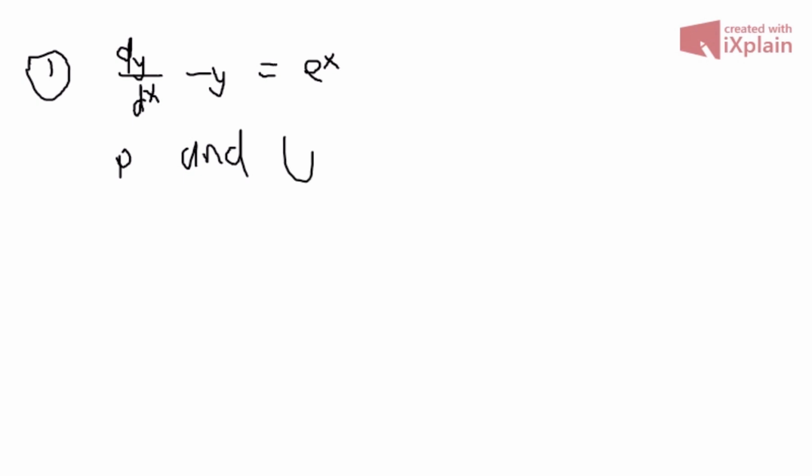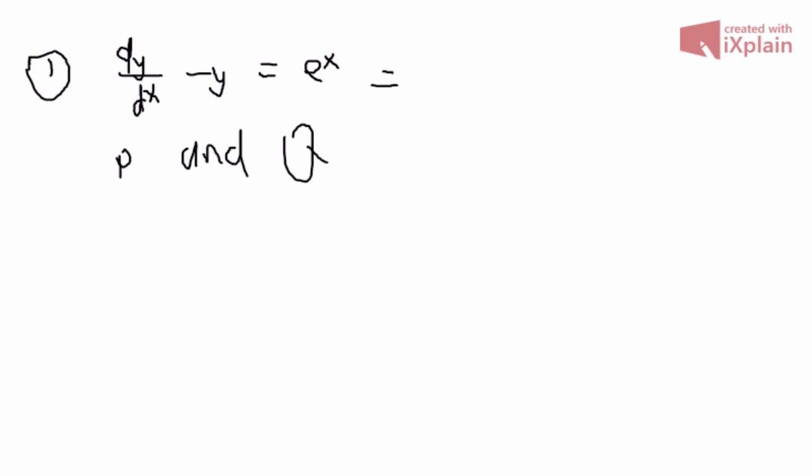Say you are given something like this. Number one, say you are given dy over dx minus y is equal to e to the power x, right? So now, what is it that we need to do? We need to check p and q, right?